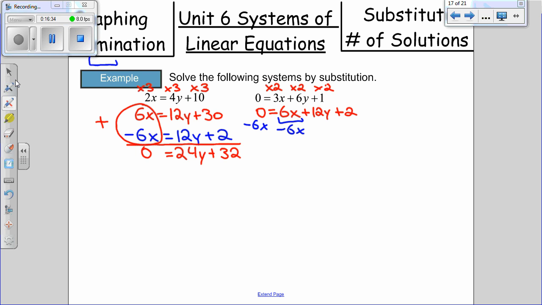And now we have to get the y's to be by themselves. So I have 0 equals 24y plus 32. I need to subtract 32 from both sides, and I get negative 32 equals 24y. I need to divide both sides by 24.